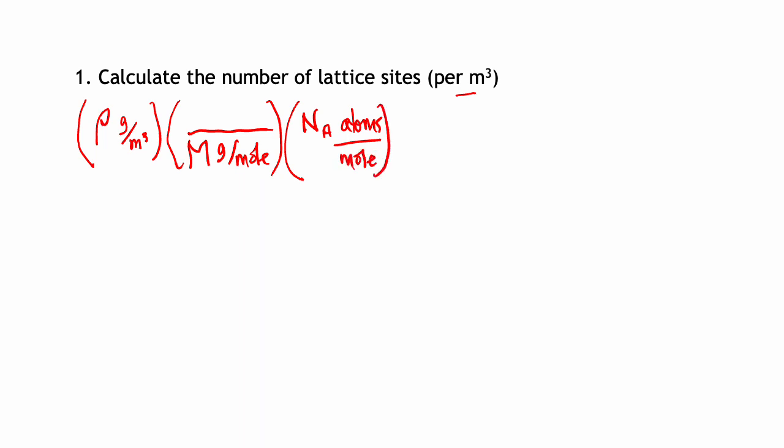The grams cancel, the moles cancel, and I'm going to have atoms per cubic meter, or lattice positions per cubic meter. So we might call that density times Avogadro's number over atomic weight.